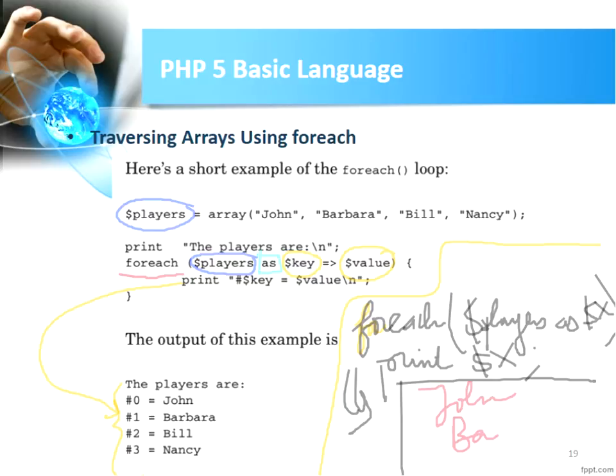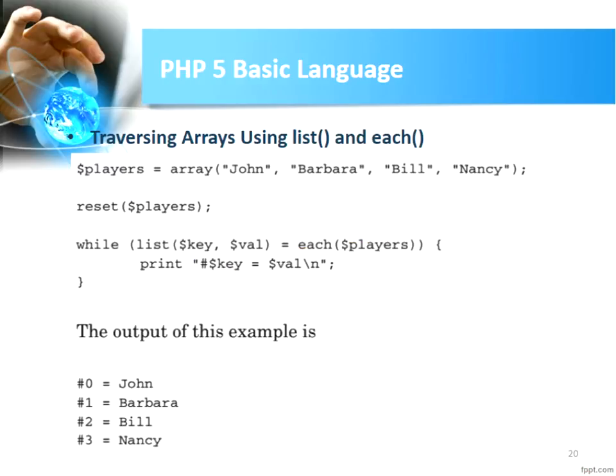The result will be what? In this case the result will be John, Barbara, Bill, and Nancy. 4 elements. Is it clear?